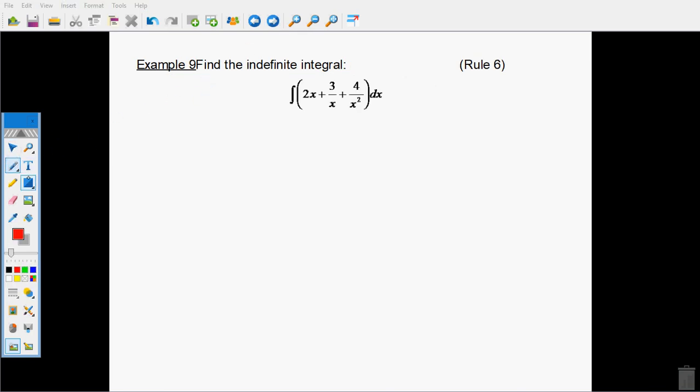All right. This is the same as before. You want to think about this as 2x plus 3x to the -1 plus 4x to the -2.